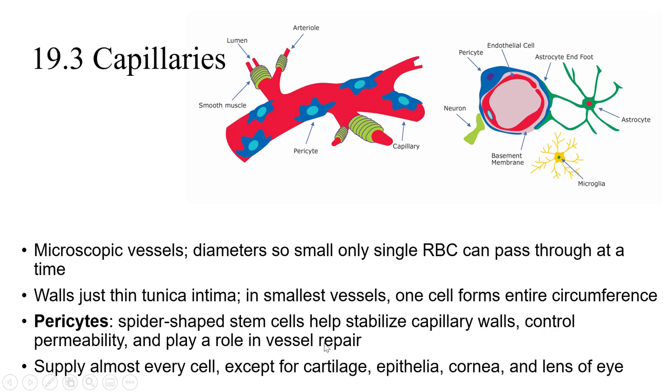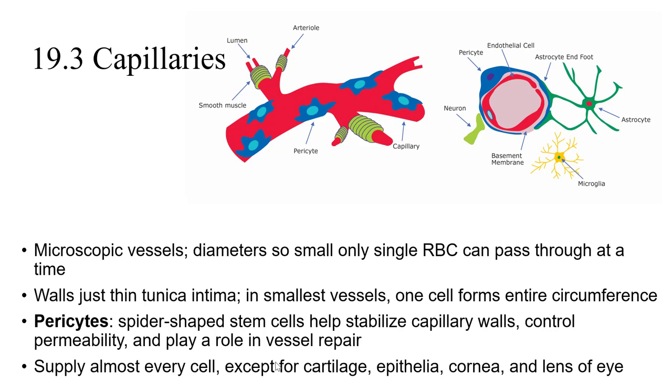They are stem cells and they can differentiate into new capillary cells if the capillary is injured or destroyed. They supply almost every cell except for cartilage. So your capillaries are found almost in every tissue except for cartilage, which is avascular.